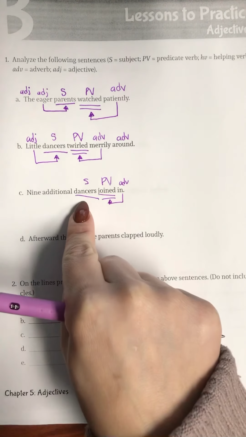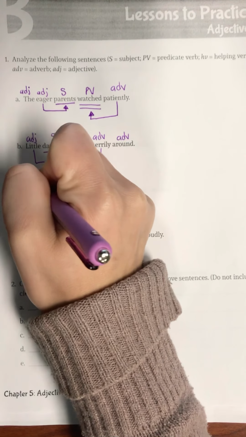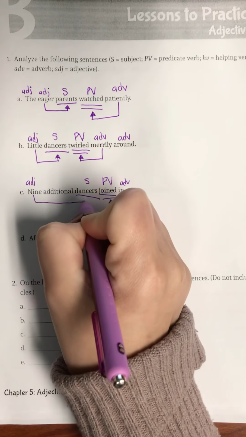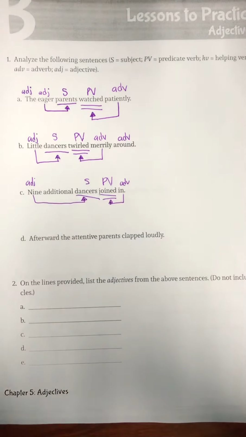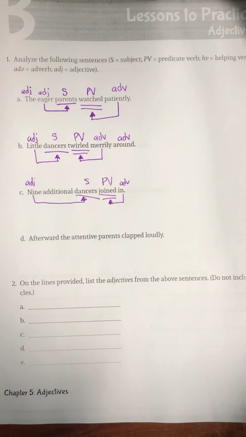Nine is telling me what kind of dancers I have. I have how many dancers, so that's my adjective. And then I've got this word additional. What could additional be? Well, let's think to myself. Can it be an adverb? Is it asking the question how, when, where? Or can it be an adjective because it's describing?